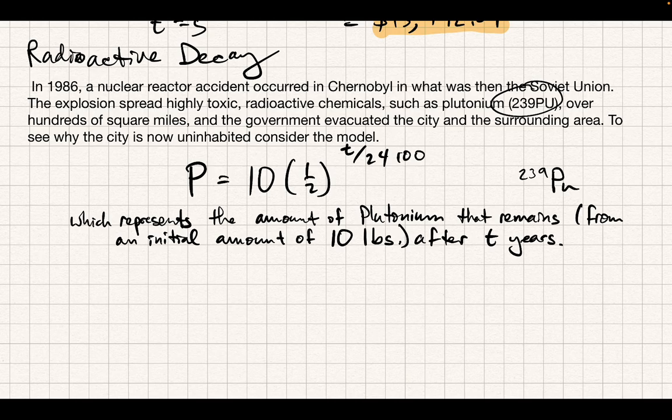It says initial amount of 10 pounds. So similar to the way we were compounding interest, at year 0, at the time of the incident, how much plutonium did we have? We had 10 pounds.